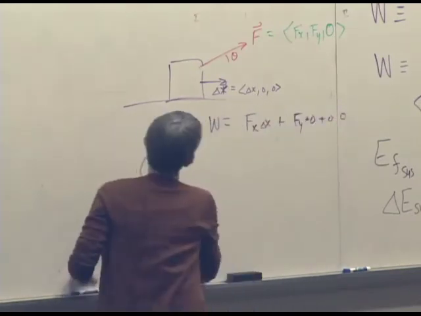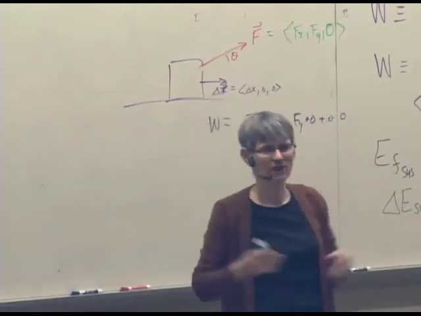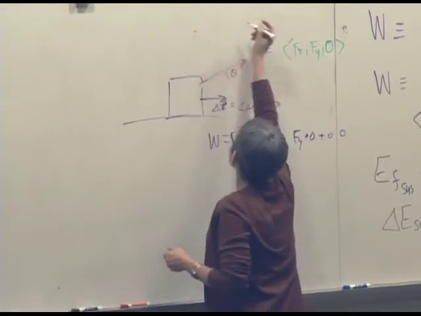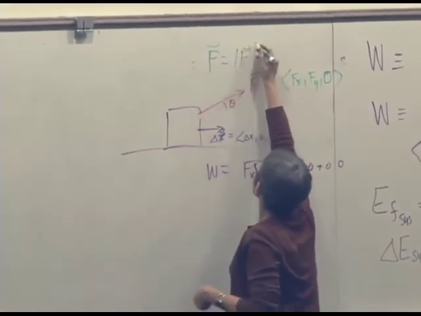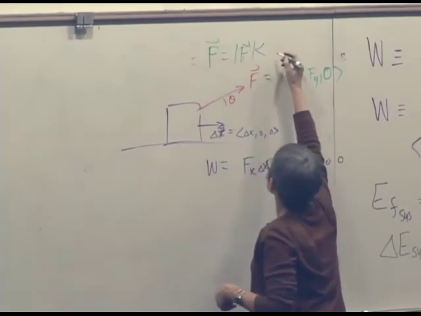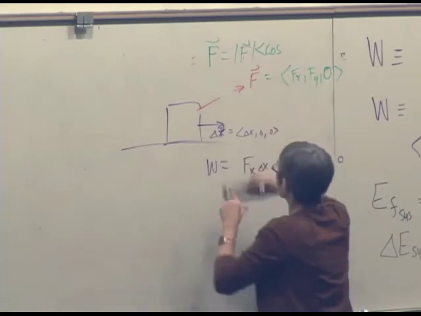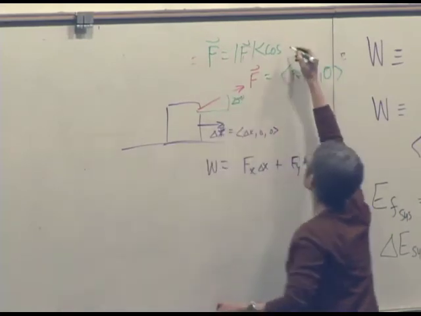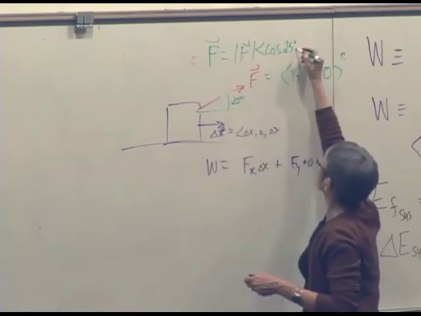And so now we just get back to using direction cosines to find the force expressed. So if you're given the magnitude of the force, we know that that's equal to, what do we have? We have cosine of, let's say this angle here is 25 degrees. So that would be cosine of 25 degrees. That's the angle to the x-axis.